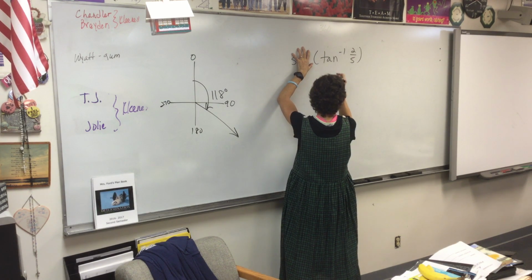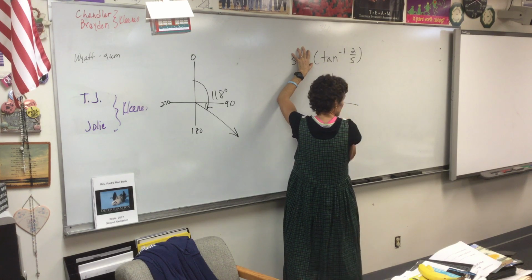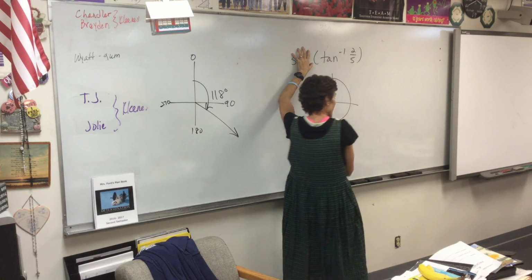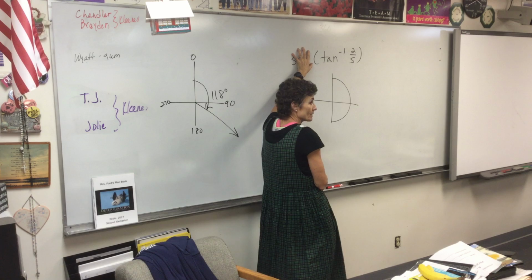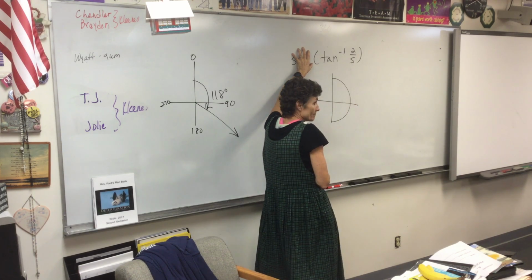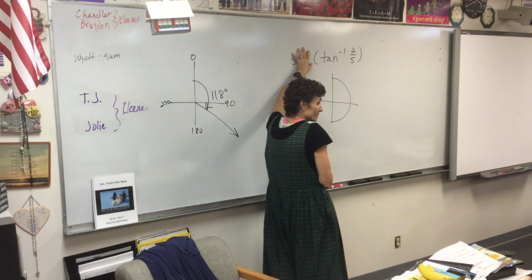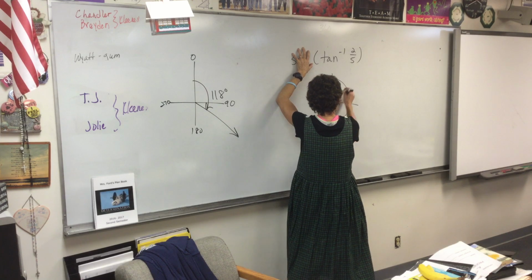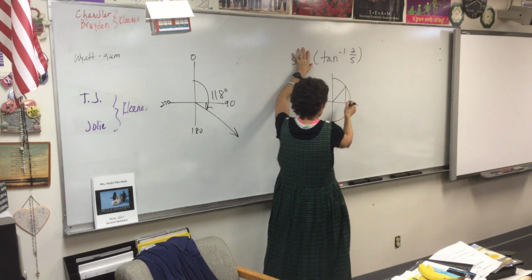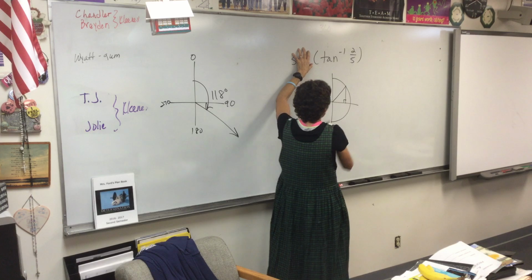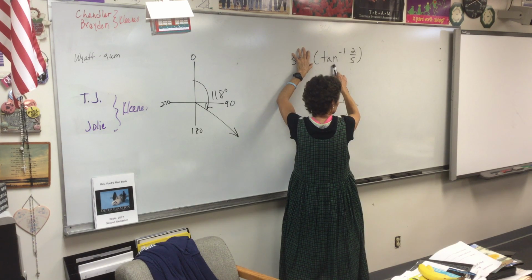What does that notation tell me? When I see that notation, I'm over here, right? Now that's positive. That's a positive number. So that tells me I'm in quadrant 1. This is tangent.